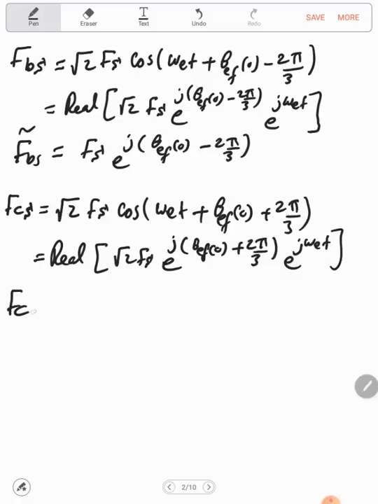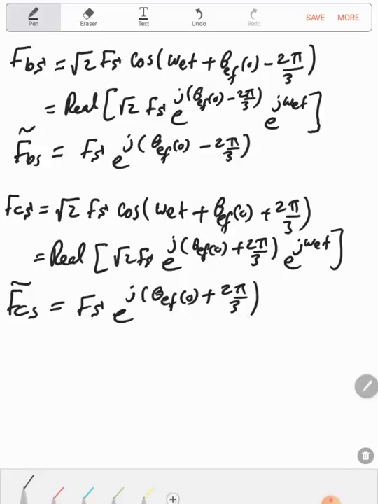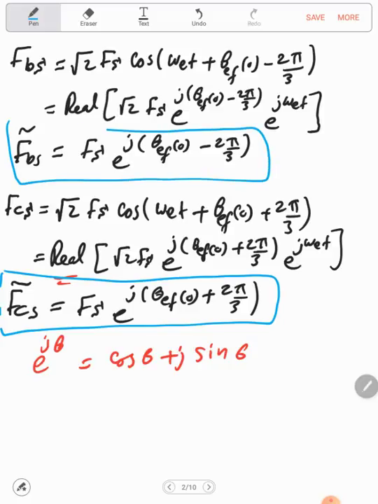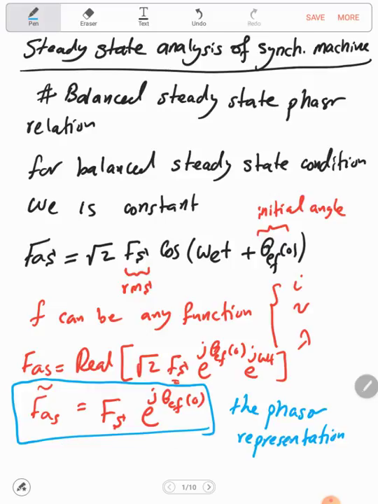So as a phasor, Fcs equals Fs exponential of j theta EF of 0 plus 2 pi over 3. And recall that from the Euler identity we know that exponential of j theta is equal to cosine theta plus j sine theta. That's why we are taking here the real part to represent the temporal. And this is the phasor representation for the Fcs and the Fbs, and already we have the phasor representation for the Fas.